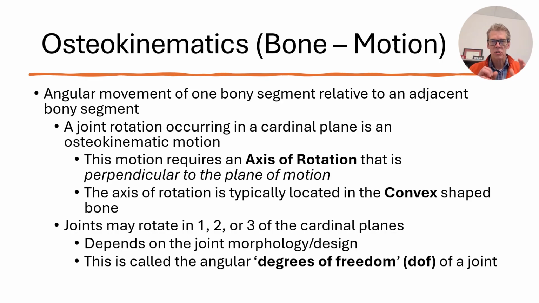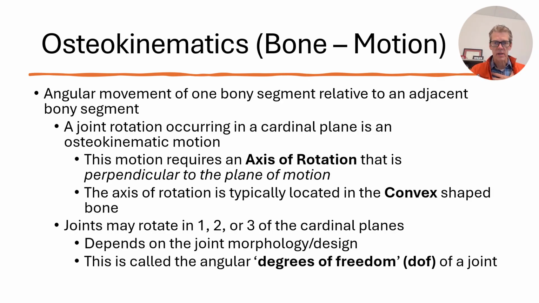The structure of that joint, the way it's put together, the morphology of that joint, dictates how it moves. So sometimes it's constrained in one direction because of the way the joint is configured. We use the term degrees of freedom to talk about how many different planes a joint can move in. So our glenohumeral joint is a ball and socket joint, and we have 3 degrees of freedom at that glenohumeral joint.